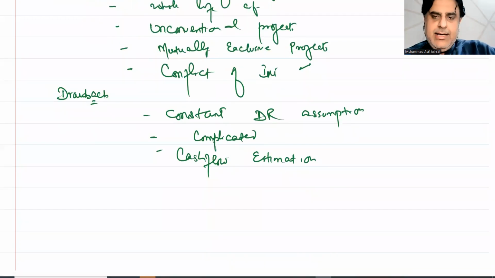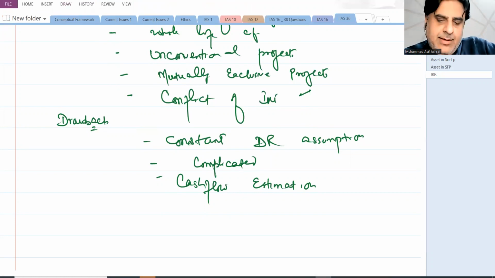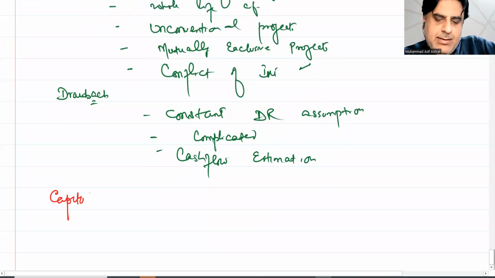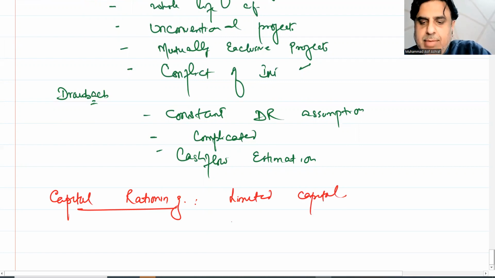In the last, let us discuss capital rationing situation. What is capital rationing? When you have limited capital supply, but you have a number of projects in your kitty that you can do.